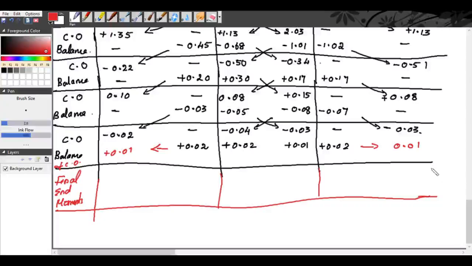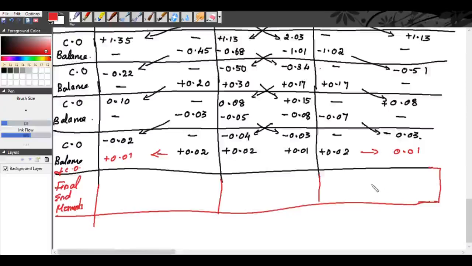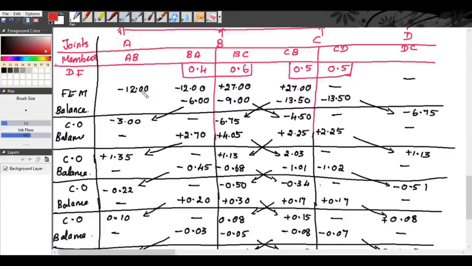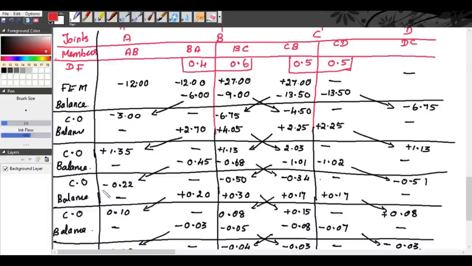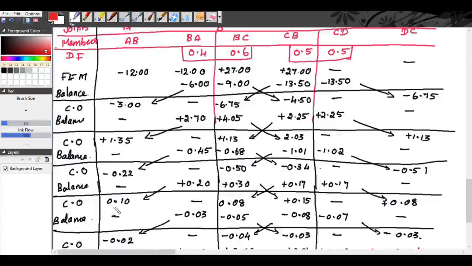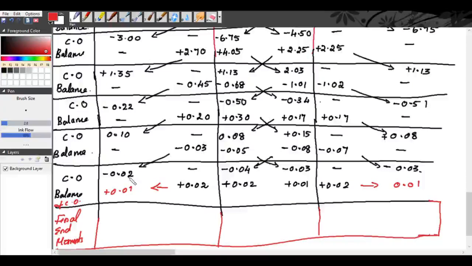Okay. So our final end moments are minus 12. You have to add every value. That is minus 12, minus 3 plus minus 3 plus 1.35 minus 0.22 plus 0.10 minus 0.02 plus 0.01. You get minus 13.78.